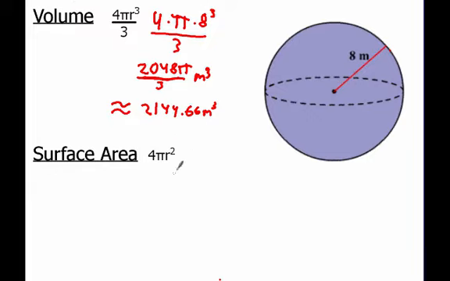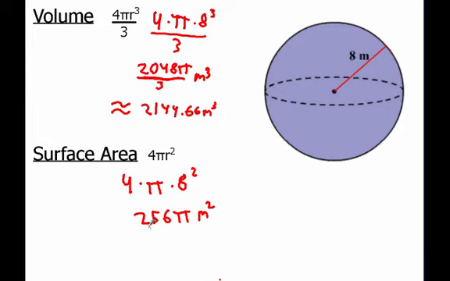So, apply the formula. We say 4 times pi times 8 squared. 8 squared is 64, times 4 gets us 256 pi meters squared.